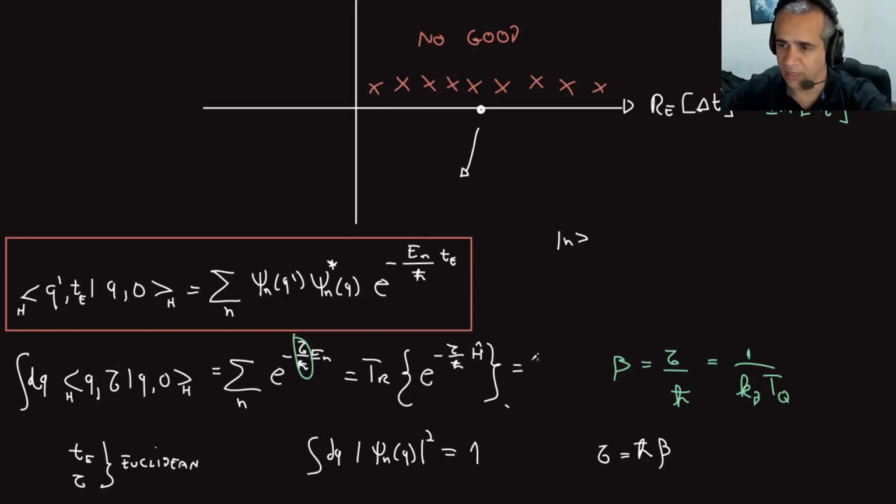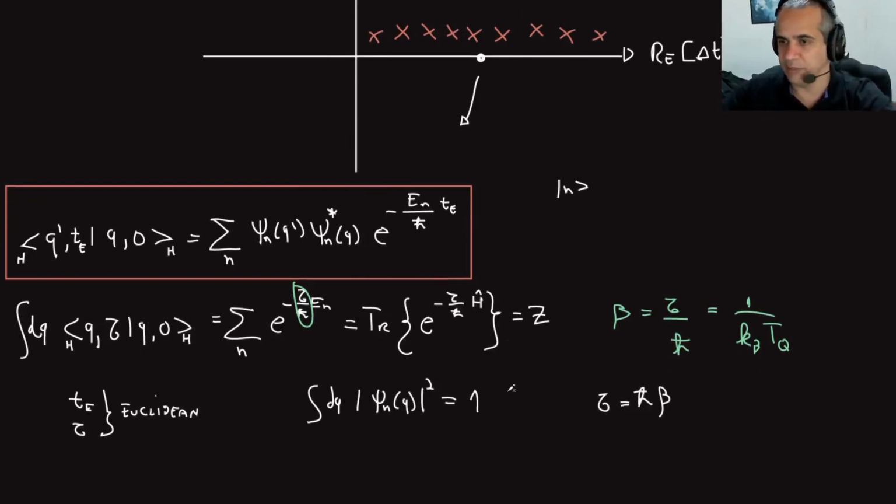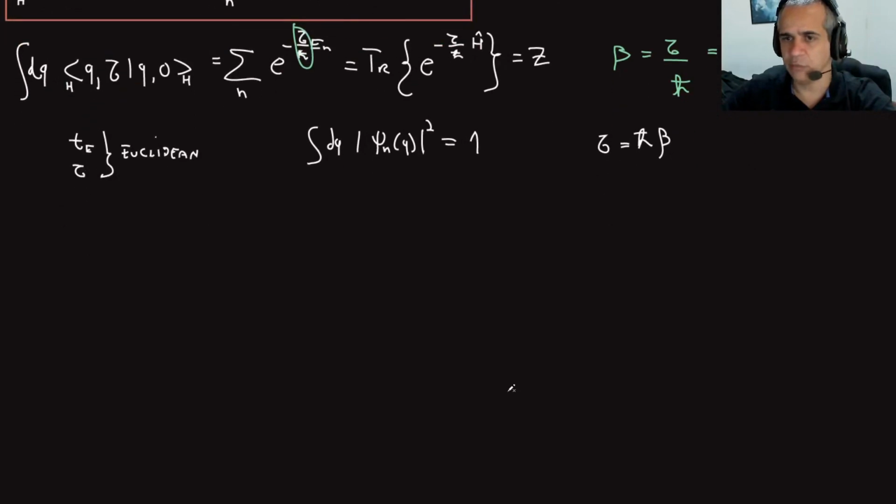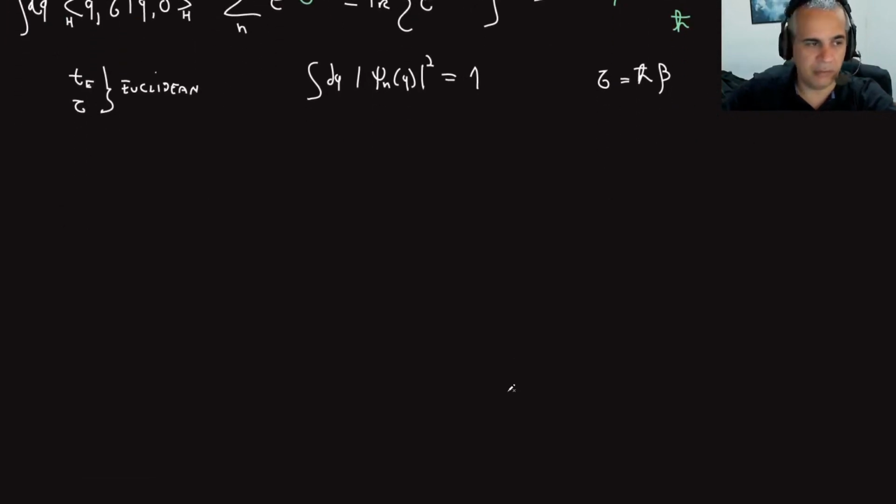Actually, that's why we keep calling this generating functional Z. You see that's because of the analogies between Z and the generating functional and the partition function of statistical mechanics that we call both of them Z. So let's move forward and think now about a specific Lagrangian, right?